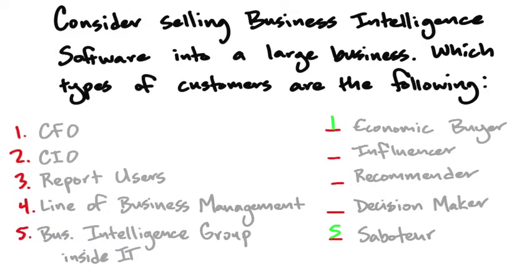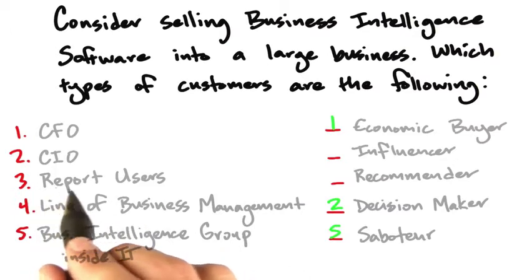So in every major organization, you might find people who don't want or actively attempt to block a sale. The CIO is more than likely the decision maker. In some organizations, they can actually sign off on large deals, but in this case, the chief information officer was going to recommend to the chief financial officer that they buy this software.